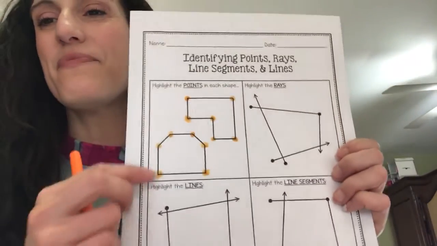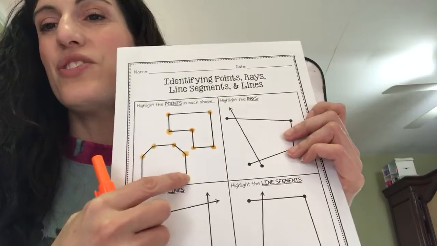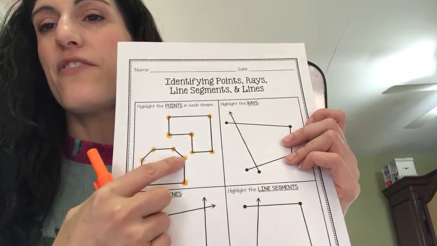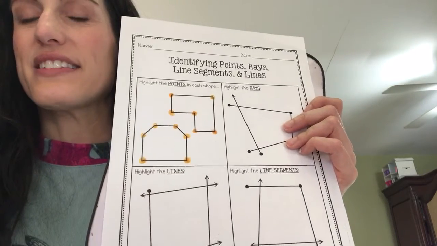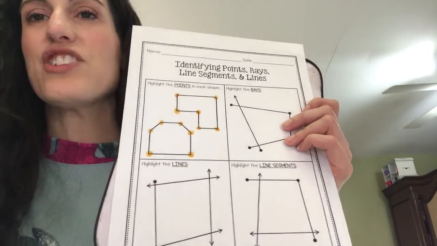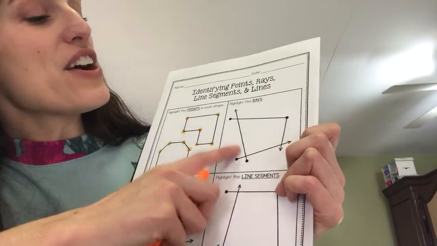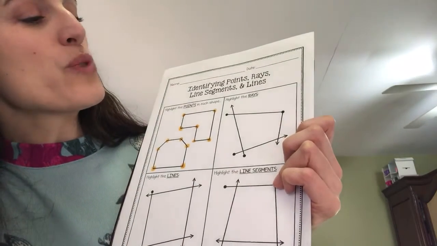Did you get these? 1, 2, 3, 4, 5, 6. That one also had 6. Nice job.